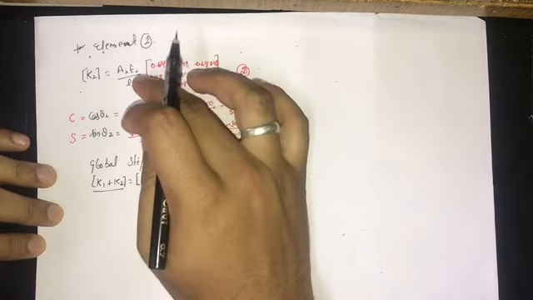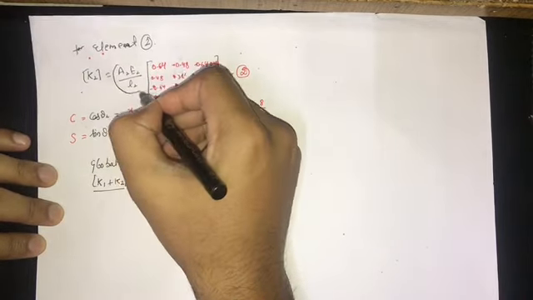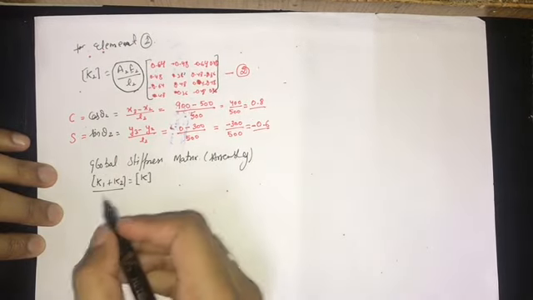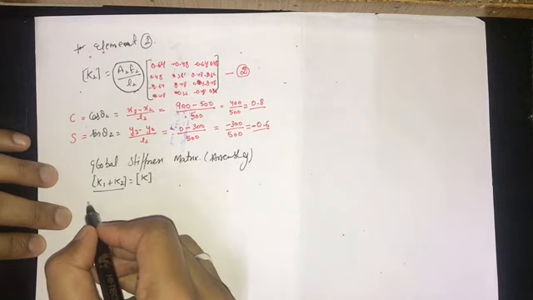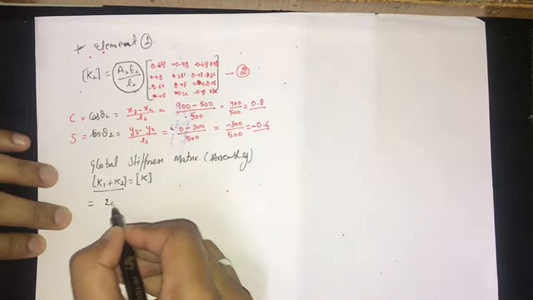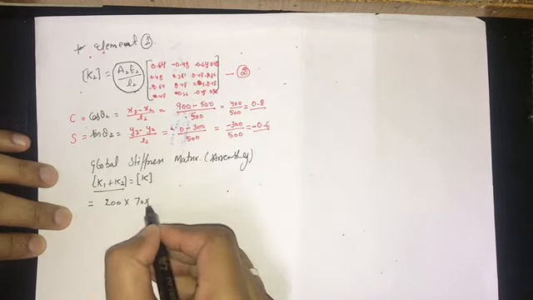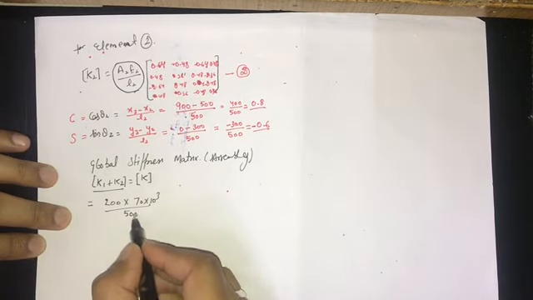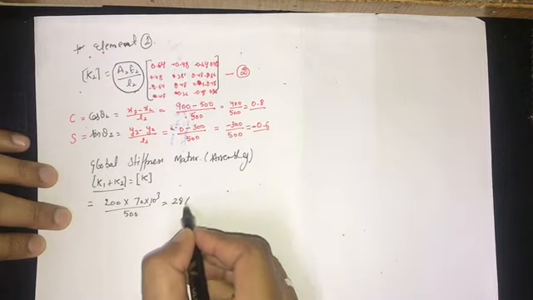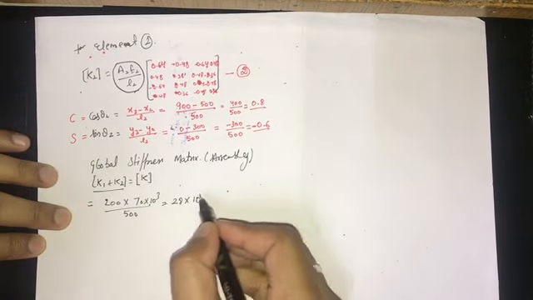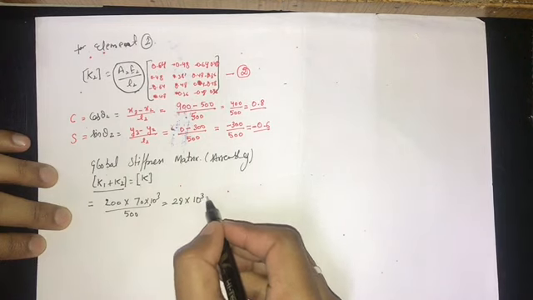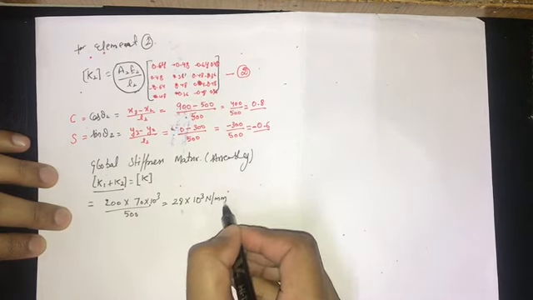And one more thing, we have not calculated here the A2, E2 and L2. So again we calculate A2, E2, L2. Here it is 200 into 10 power 3 divided by length for element 2, that is again 500. So it comes to be 28 into 10 power 3 Newton per millimeter.